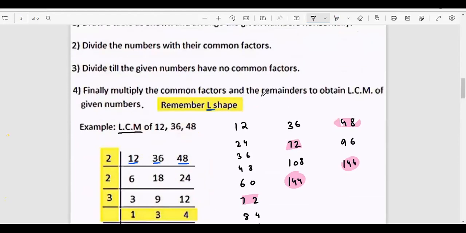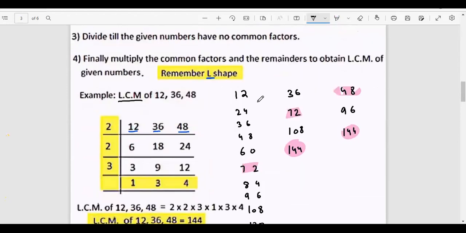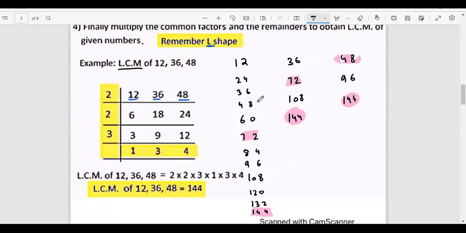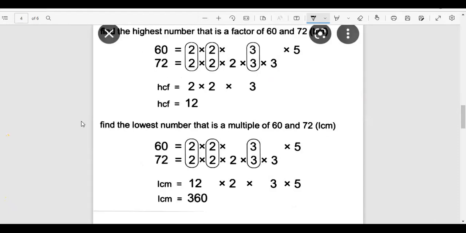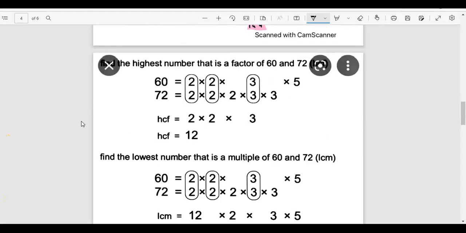नाउ ये दो मेथड्स थे जब आपके पास डायरेक्टली क्वेश्चन है कि इन तीन के एलसीएम फाइंड करना है. ठीक है, दिस टाइम अराउंड दिस इज बेसिकली गोइंग टू हेल्प यू अंडरस्टैंड find the highest number that is a factor of 60 and 72. अच्छा, this time around you are looking for the highest common factor. ये HCF के equivalent English ये बनती है.